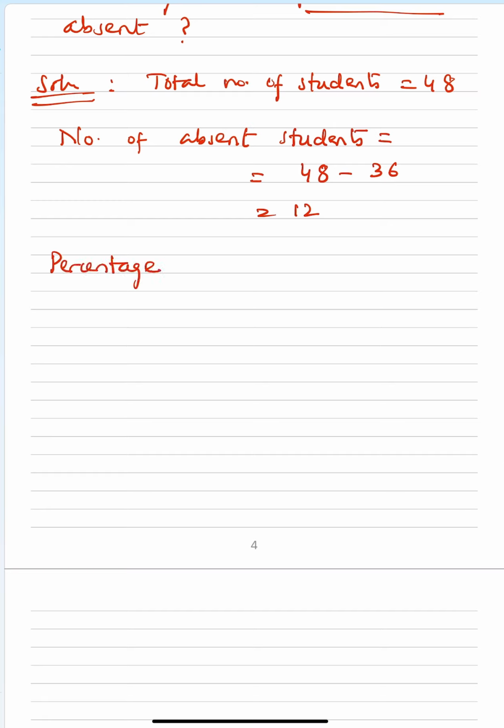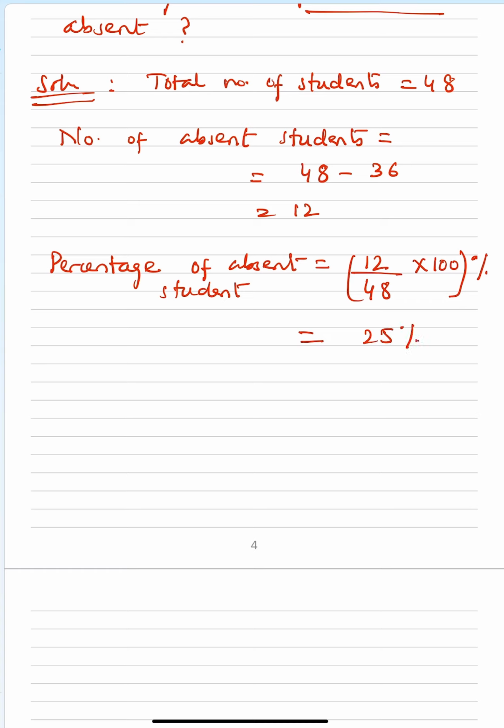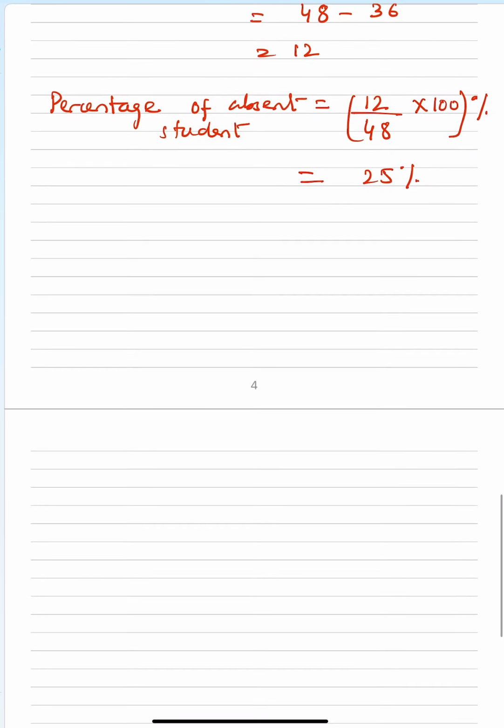So the percentage of absent students, that is the decrease in number, right? Because it is absent, it is not increasing. So we will take 12 upon 48, that is change upon original, multiplied by 100%. After solving you will get 25 percentage. So how much percentage of students were absent? 25 percentage. Okay, so this kind of sums can come.